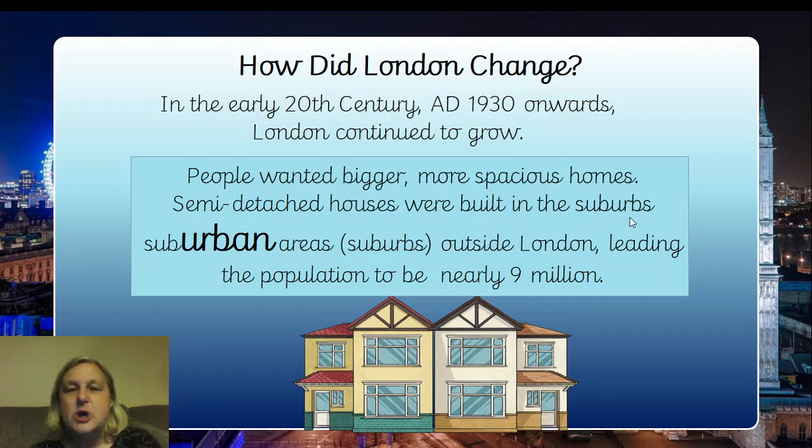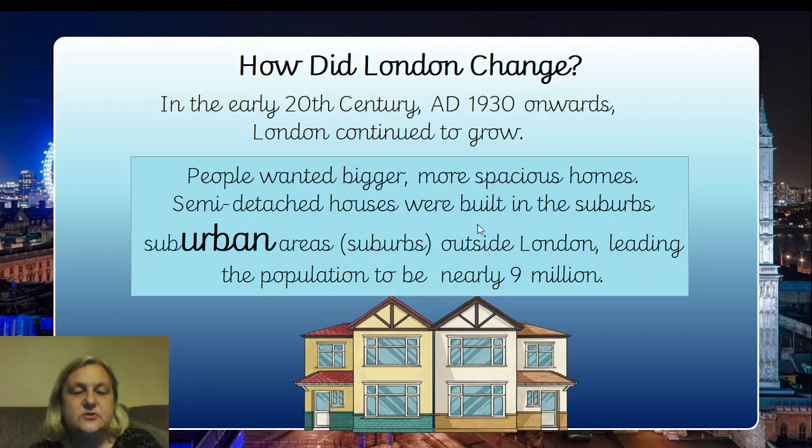The suburbs, the suburban area, urban pioneers, that's where that word comes from. Urban means sort of city and town, okay? Central. Suburban means slightly away, okay? So they're on the outside areas of London.